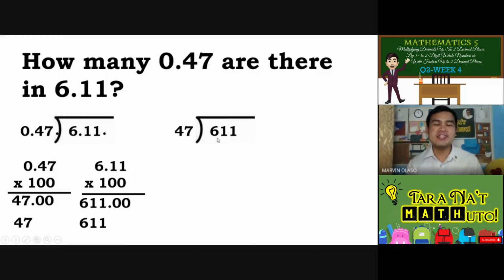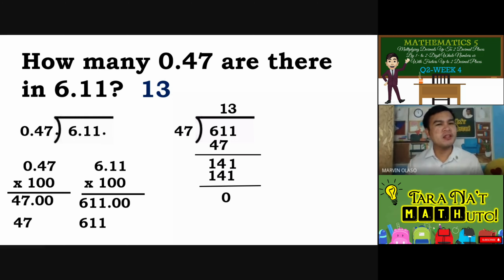Now, let's divide 61 divided by 47. More or less, mga 1 lang yan. So 1 times 47, we have 47. 61 minus 47, we have 14. Bring down now 1, we have 141 divided by 47 equals 3. 3 times 47, we have an exact answer, 141.